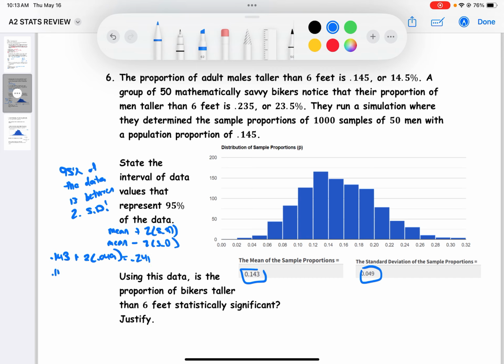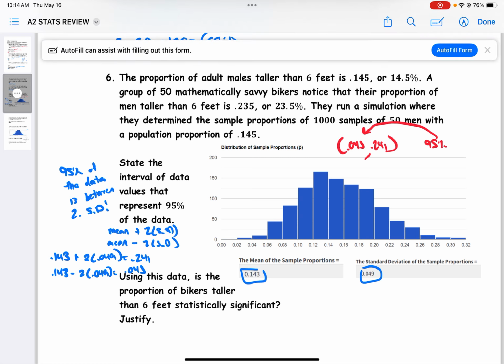And then 0.143, I'm going to subtract 2 standard deviations. 0.045. And now when I'm making an interval, the easiest way is to treat it like a coordinate, where the lower bound is 0.045 and the upper bound is 0.241, right? And 95% of the data lies in between those two numbers.